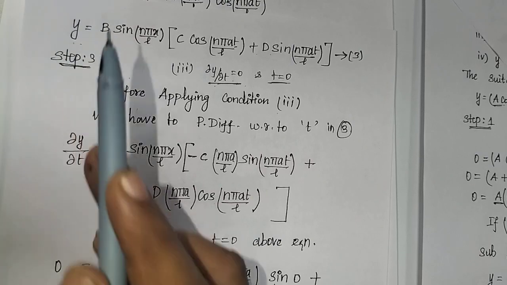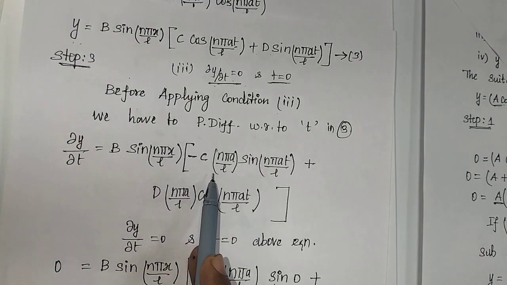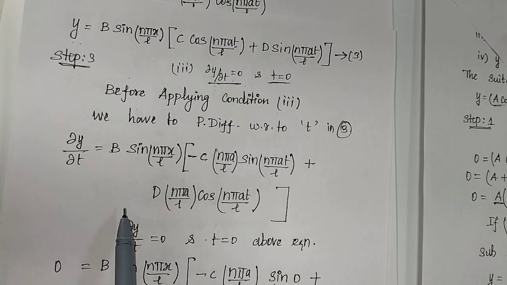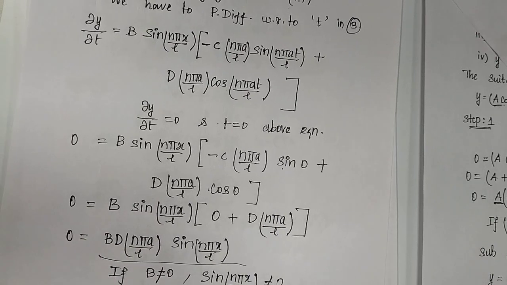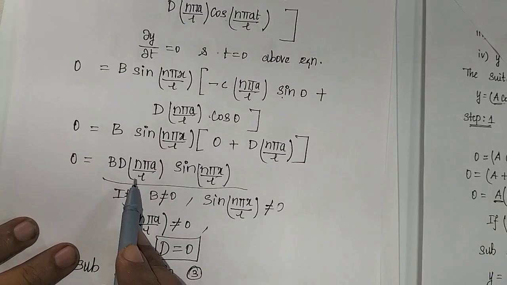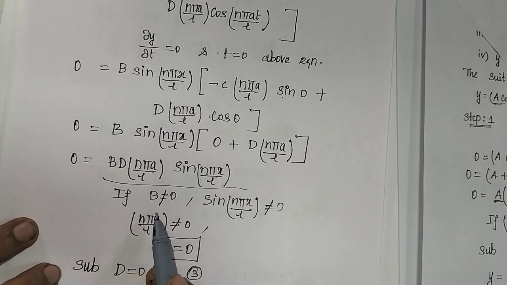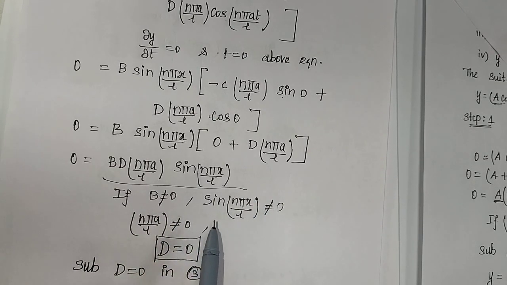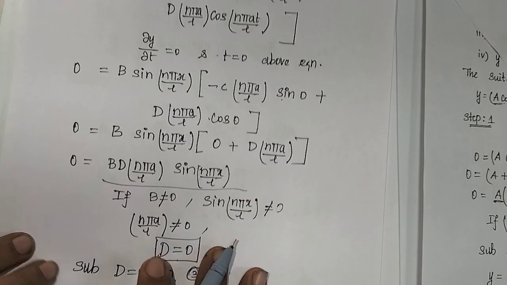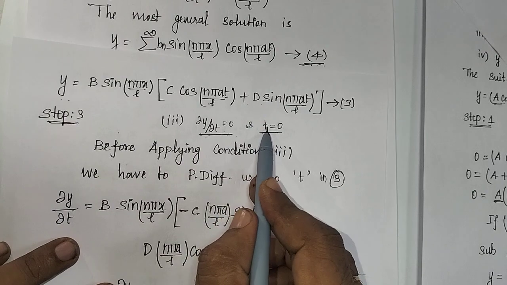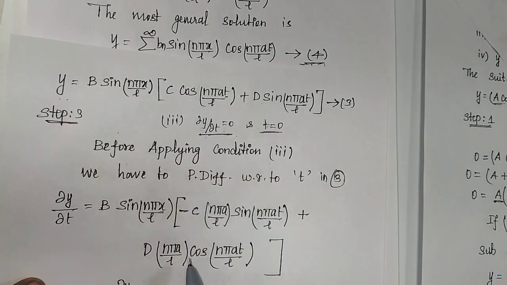In the differentiated term, I apply ∂y/∂t = 0 at t = 0 and get this equation. Comparing again with equation 3, I get d = 0. We substitute d = 0 in equation 3 only, not the differentiated term.